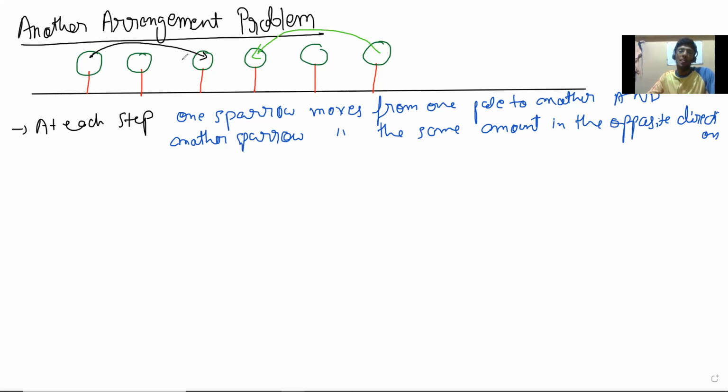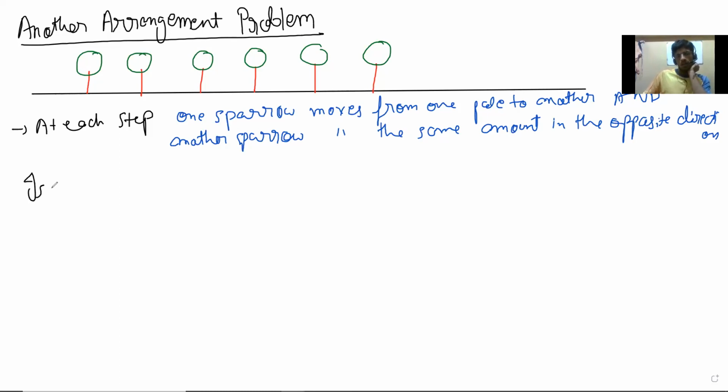This means that now there will be 2 sparrows here, because there's already a sparrow here and then there is another one. And then this pole becomes empty. Just the natural things. Maybe not such a good diagram for this question.